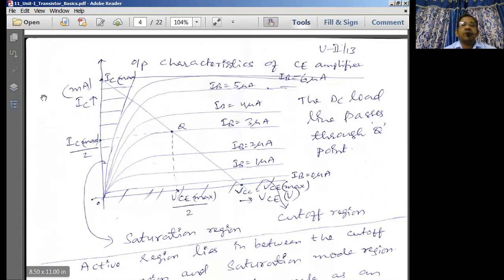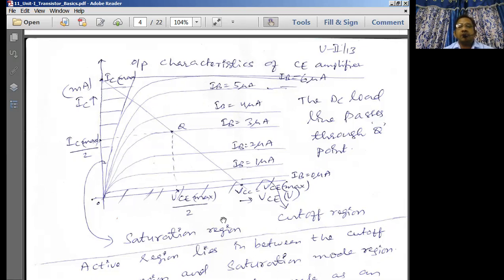Now in these output characteristics, we can explain the various regions of operation. See here, below this IB equal to 0 microamperes, all this region is known as the cutoff region. When the output current is very high for appropriate base currents, that is the linear region, that means the maximum current which is going to flow, this region is known as the saturation region.